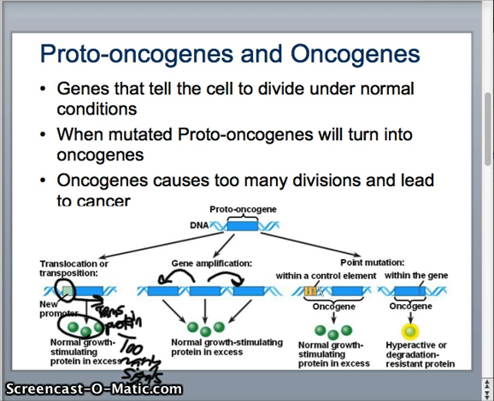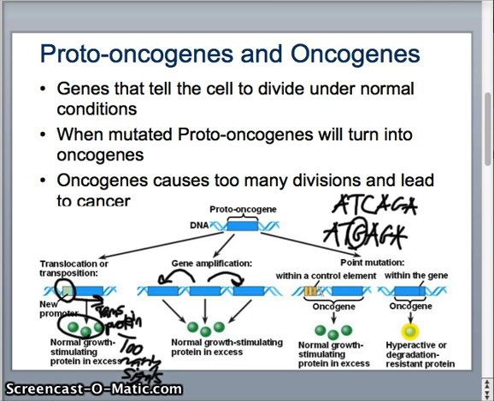Now these are mutations pretty much just to the proto-oncogene, but there are also mutations that cause oncogenes. One is where there's a point mutation. A point mutation, if we have the DNA ATCAGA, is basically the same as a single nucleotide polymorphism.